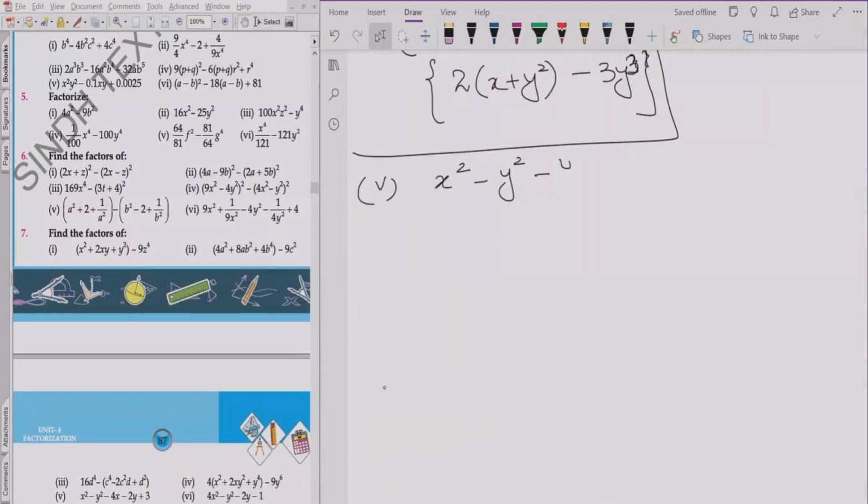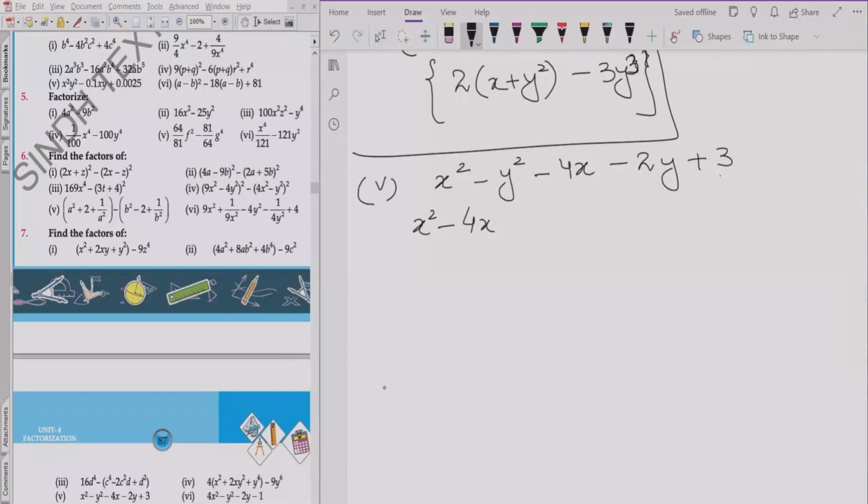Minus 4x minus 2y plus 3, right? This is a little bit complex, but first we will arrange it in a way like this, we will break this term. First, we will keep the common terms, like here we have x square and the minus 4x.